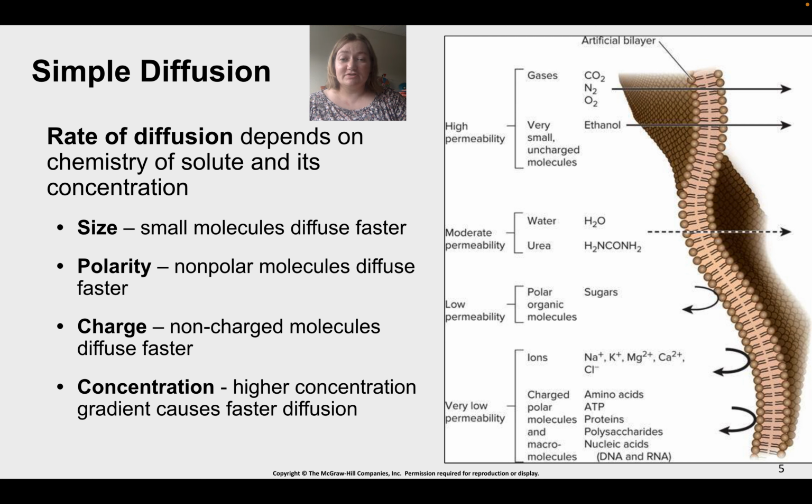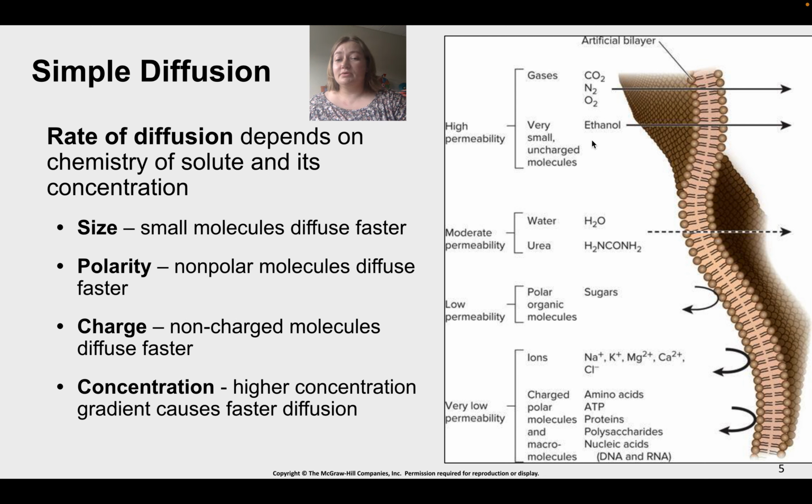Now, other factors that play a part here are the size. Small molecules are going to diffuse faster and have the ability to diffuse via simple diffusion. We see in our image here, small molecules might be carbon dioxide, nitrogen, or oxygen gases. It could also be things like ethanol, still a small molecule. It does not have a charge associated with it.